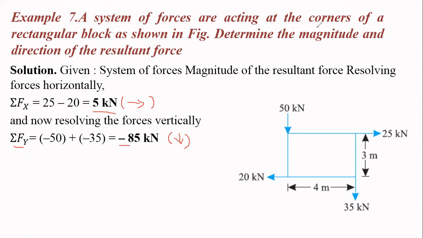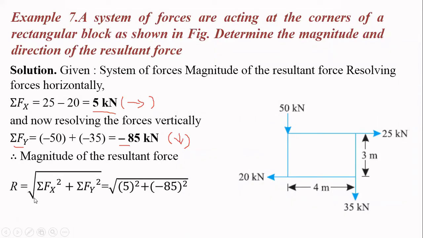Now let us find the magnitude of the resultant force R. R is nothing but the square root of summation Fx squared plus summation Fy squared. Summation Fx is 5, squared, plus summation Fy is minus 85, squared, under root of this term.